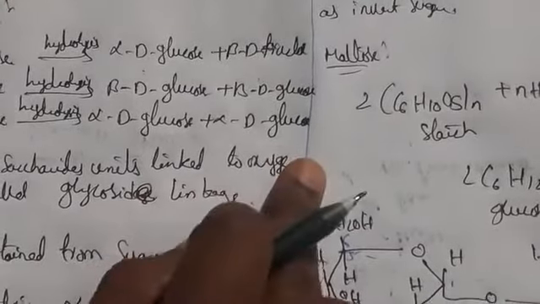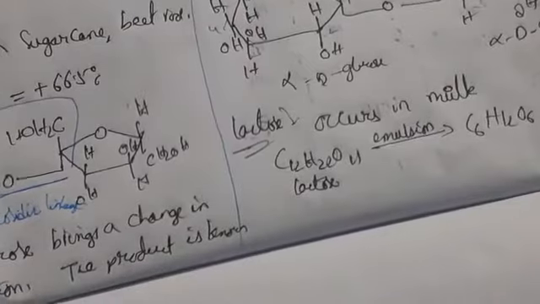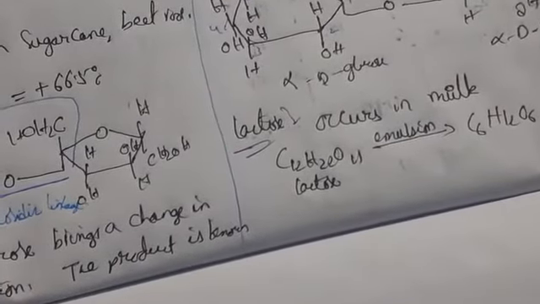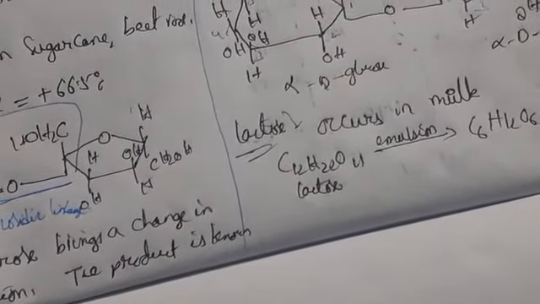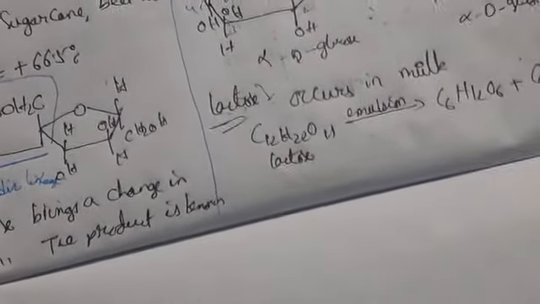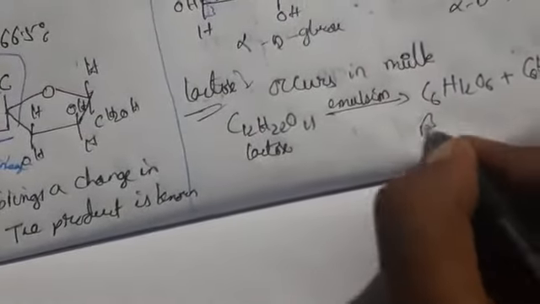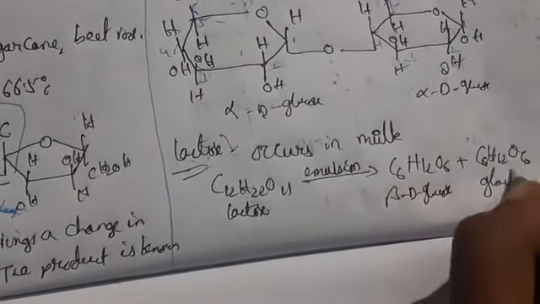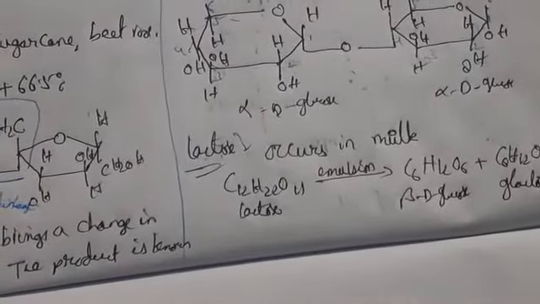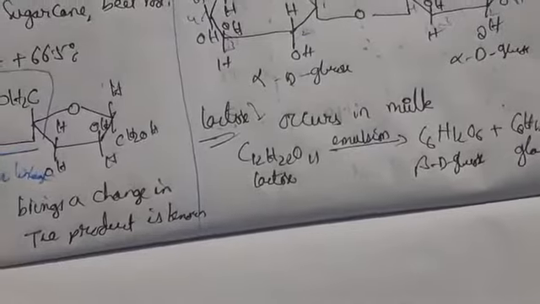It forms alpha D-glucose, beta D-glucose and beta D-galactose. Galactose and glucose are similar here. The linkage is between C1 and C4 of glucose.